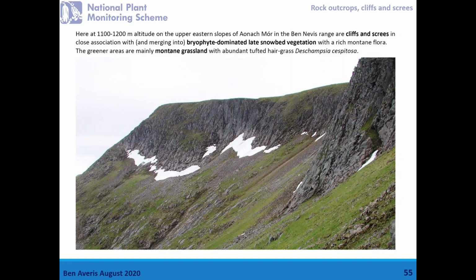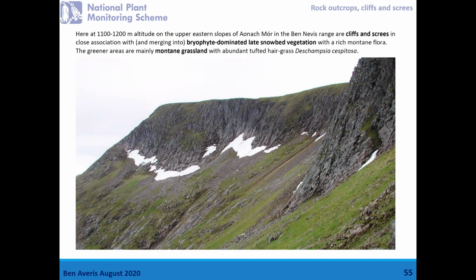But they're scattered in such a way that from a distance you might think it was almost bare ground, but they're actually fascinating places botanically. And then they merge in with more genuinely bare scree, as we can see here, scree and rocky cliff places. So it's another setting for those rock habitats.